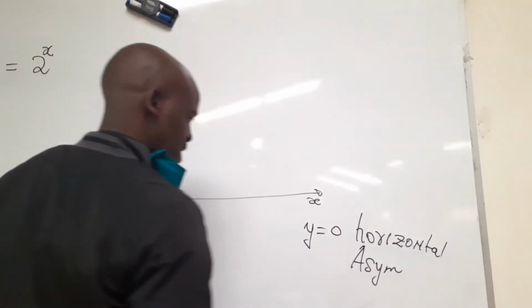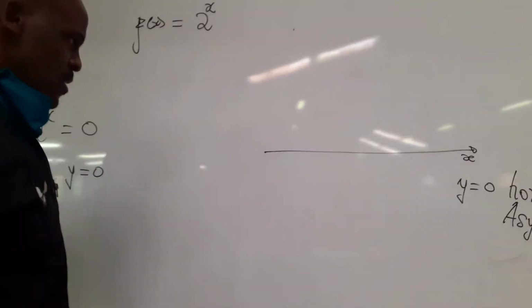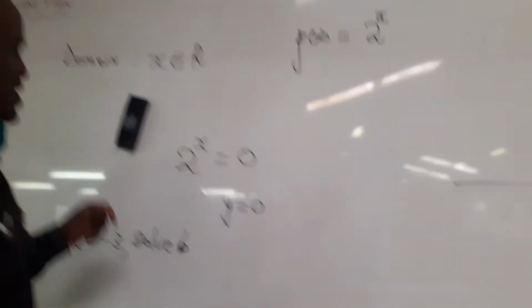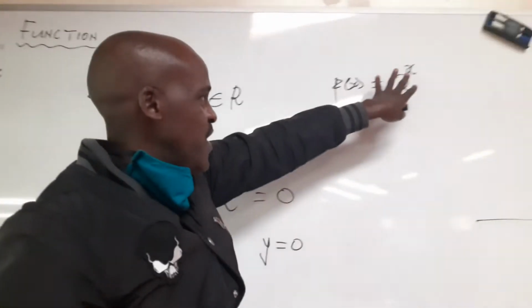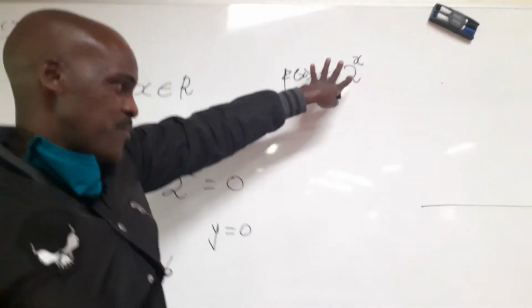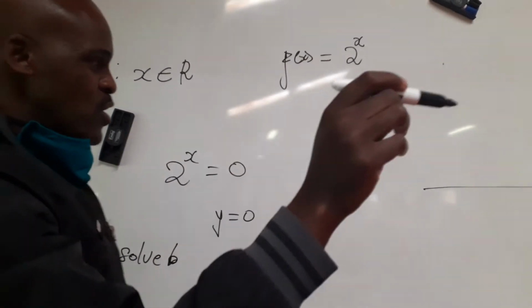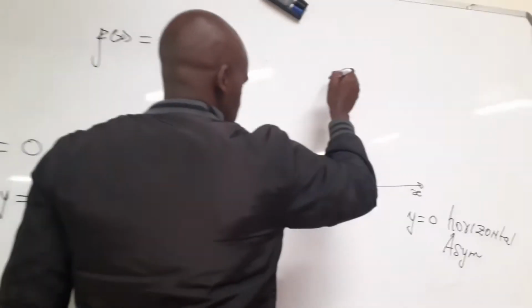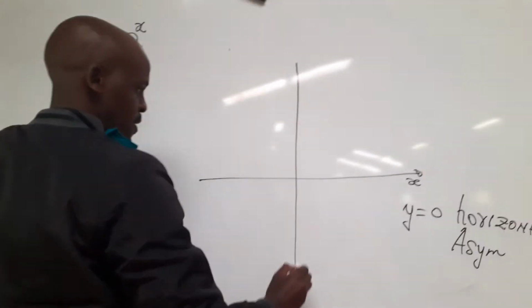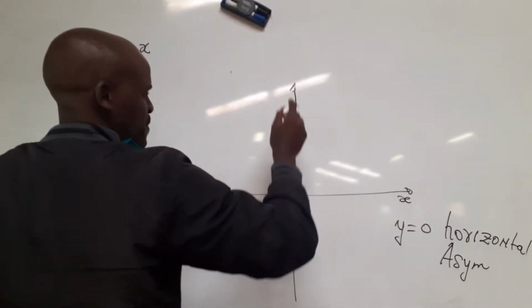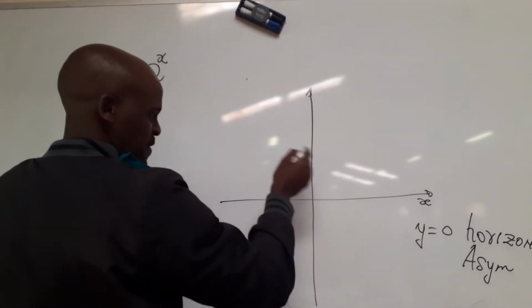It's our horizontal asymptote. But then remember, we said in terms of x, there is no value of x that can block us vertically. We can move in any direction. X can be any value, can be 0, can be any value.